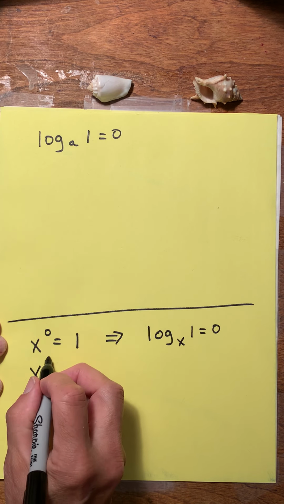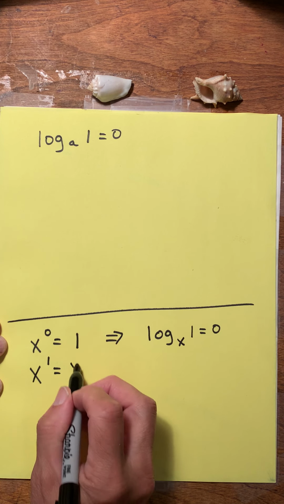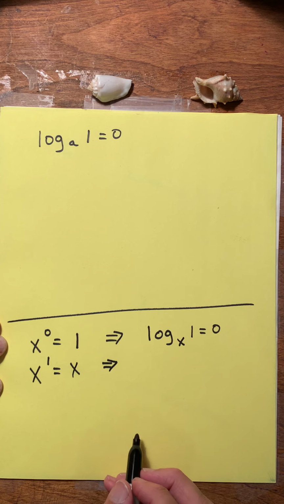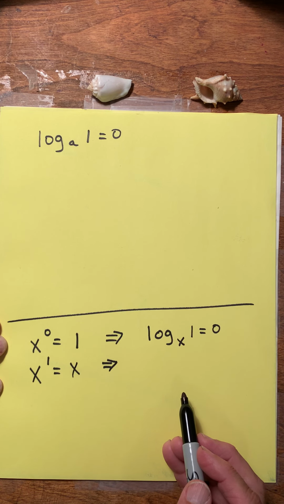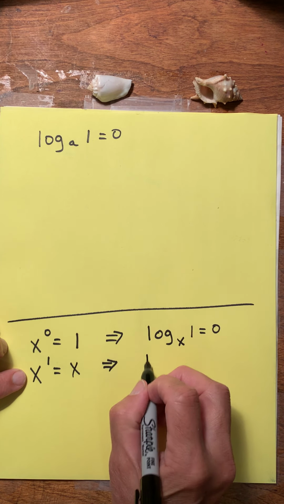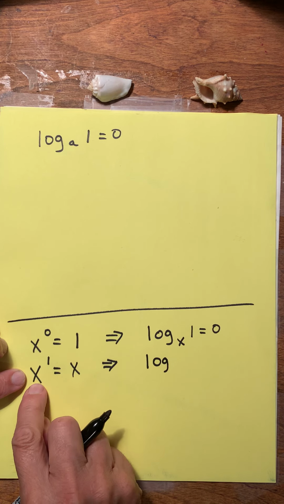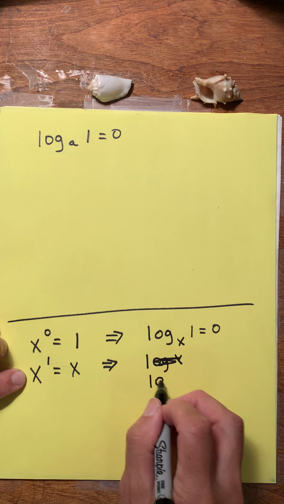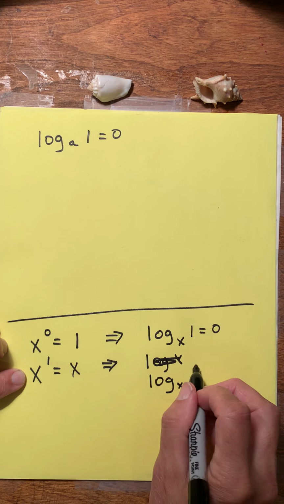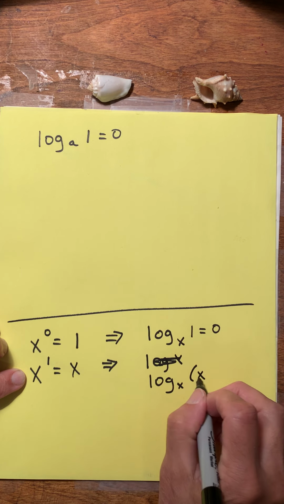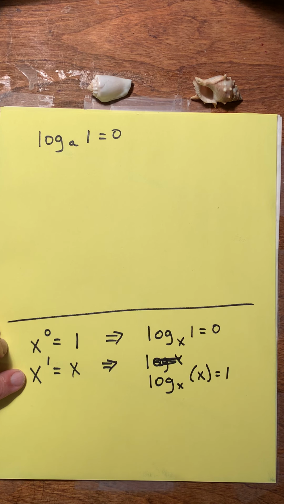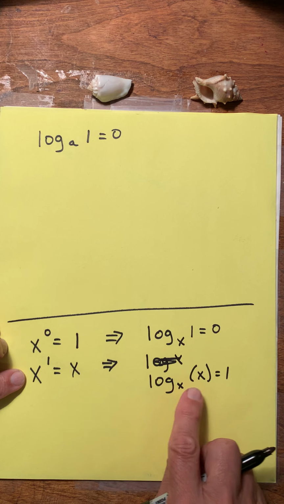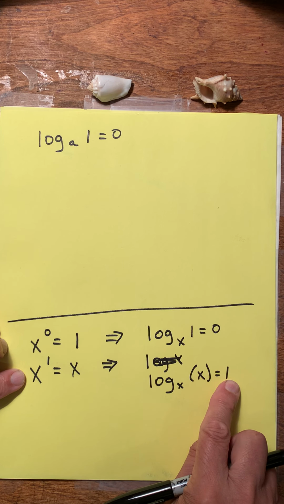You're also familiar with this concept, that any number to the first power is just going to be itself, right? Now, if I put that in logarithmic form, it would be log base x of x is 1. The exponent that I raise x to in order to get x is 1.